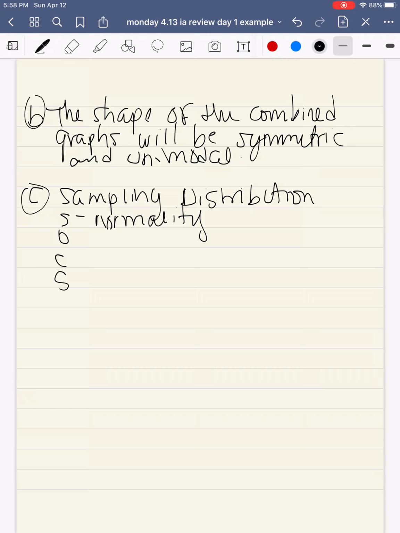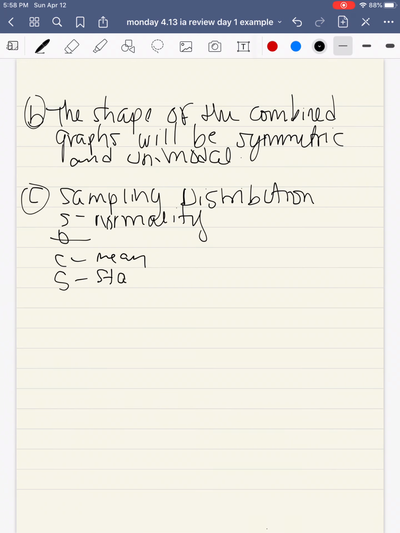Is it going to be normal or not? We don't really need to say anything about outliers here because sampling distributions don't tend to have outliers. But if you feel so inclined, you can say no outliers. That's fine. The center, I'm going to talk about the mean. And the spread is the standard deviation.